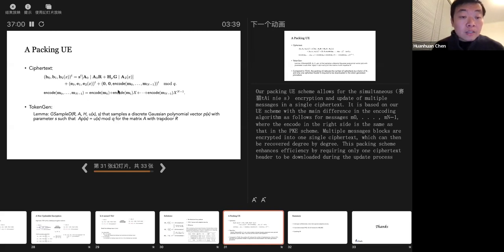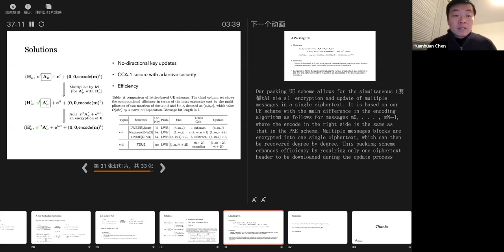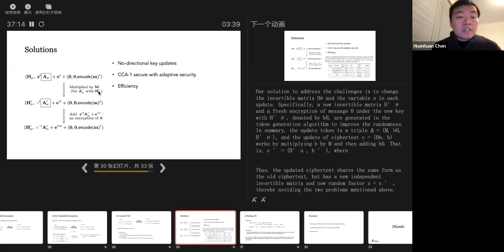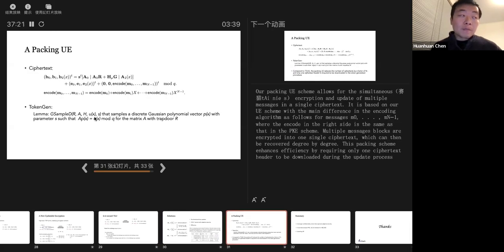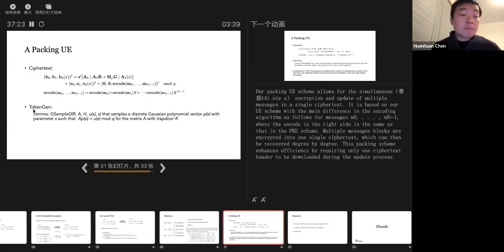And we show that the token generation process is also very efficient, because in the UE we generated a matrix M, but in this form we will generate our polynomial matrix, and that can be achieved by our generalized sampling algorithms on the polynomial.